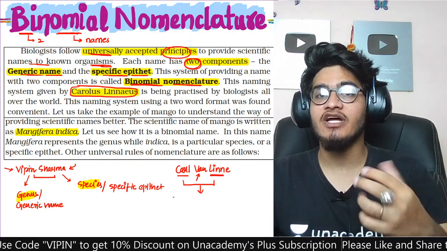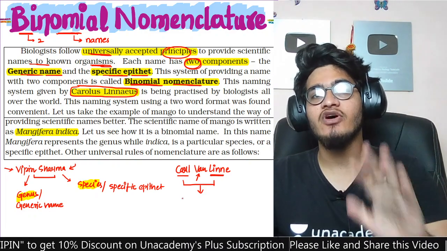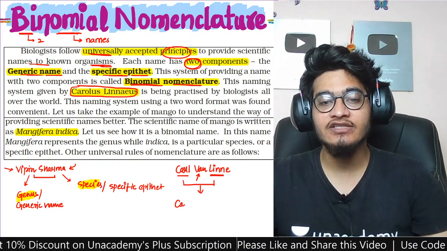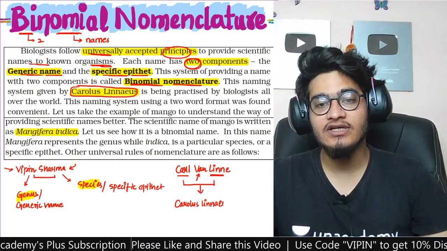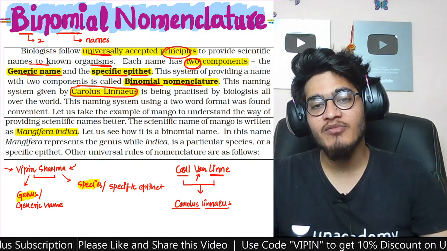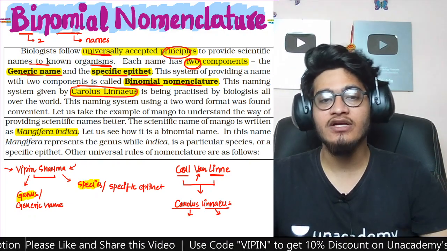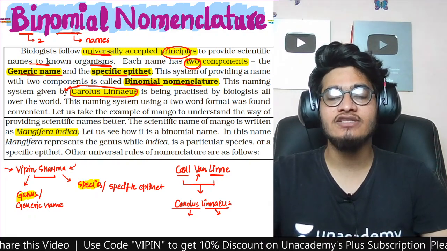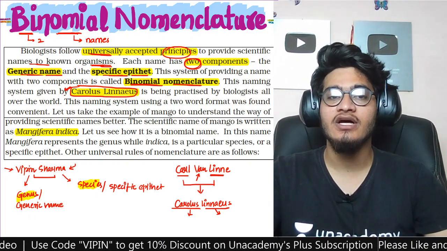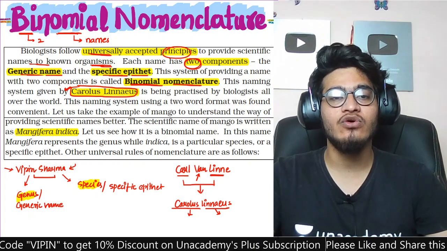Because he gave that particular scheme, he should follow that scheme as well. So he converted his name into Carolus Linnaeus. So it became binomial, one name and one surname. Carolus Linnaeus is a genius scientist who gave the scheme of binomial nomenclature, and this is practiced in the whole world.